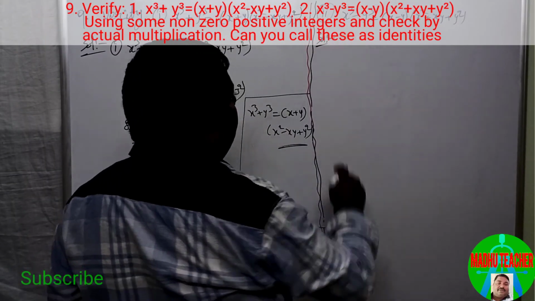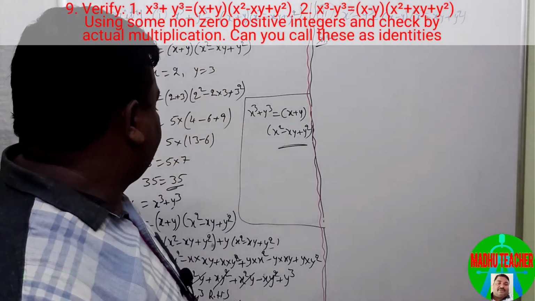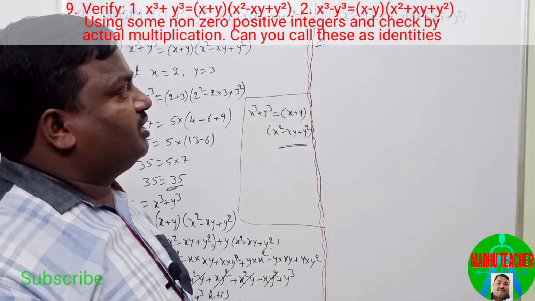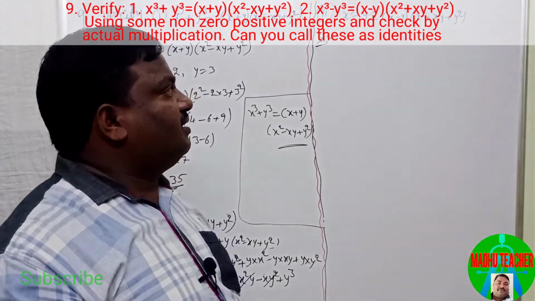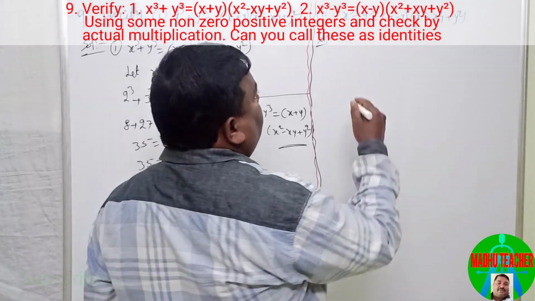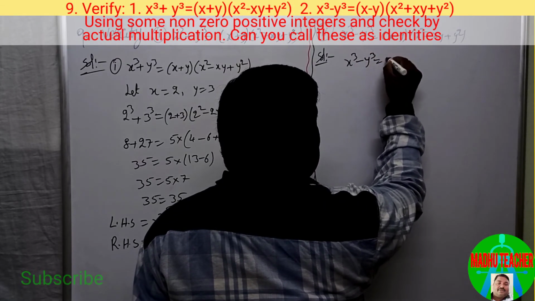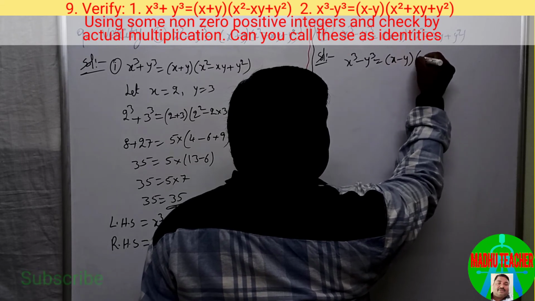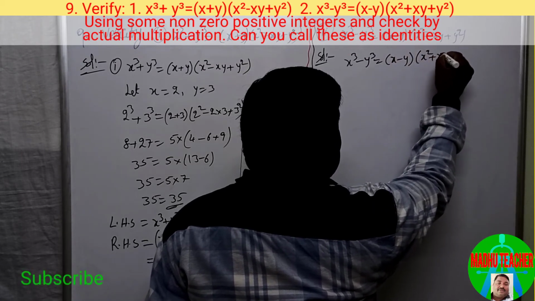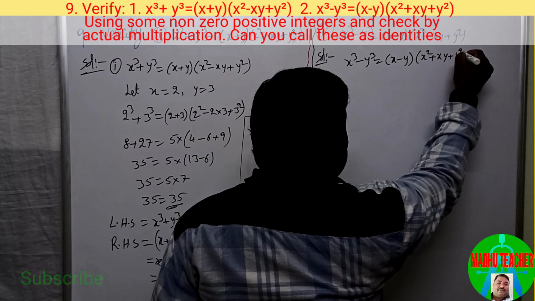So here the second one is x cube minus y cube equal to x minus y into x square plus xy plus y square.